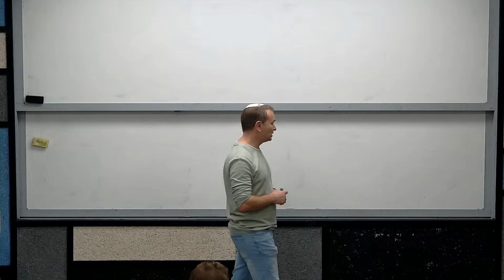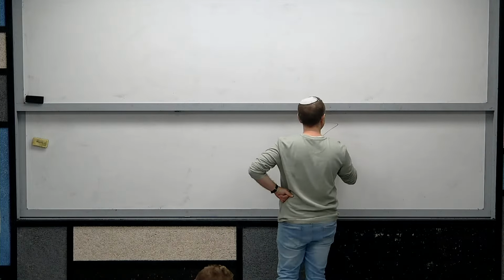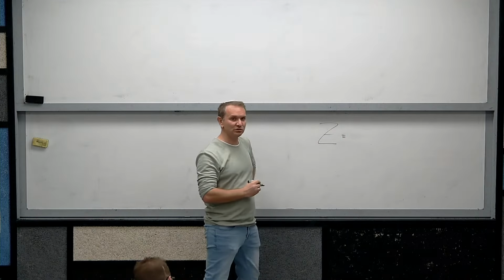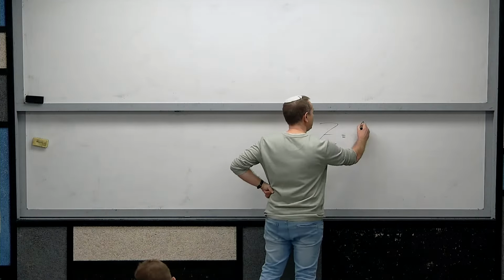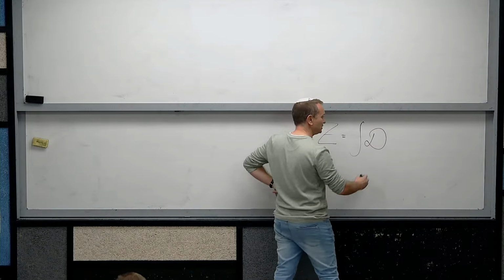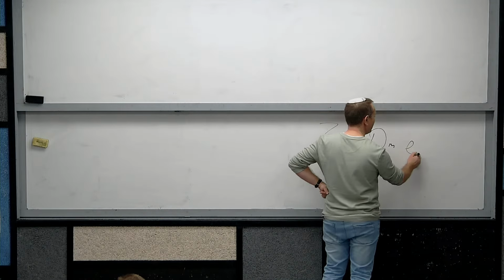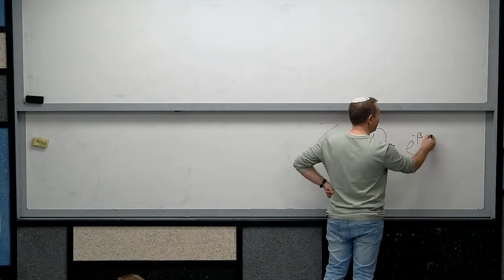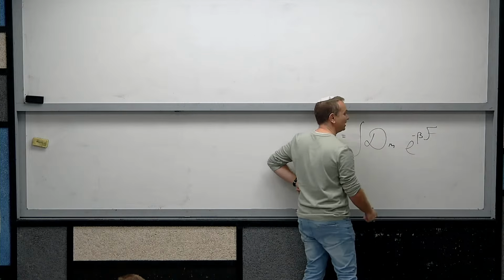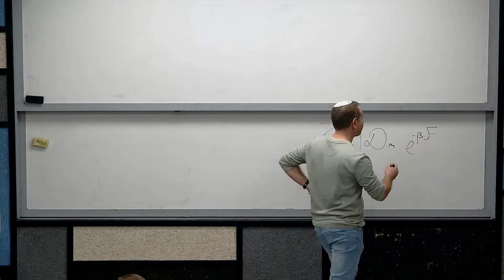Mean field approach is saying the following thing. If we have a partition function, and this partition function is an integration over all the possible values of your field, dm, and here we have e to the power minus beta f functional, which is the Ginzburg-Landau Hamiltonian of the m.